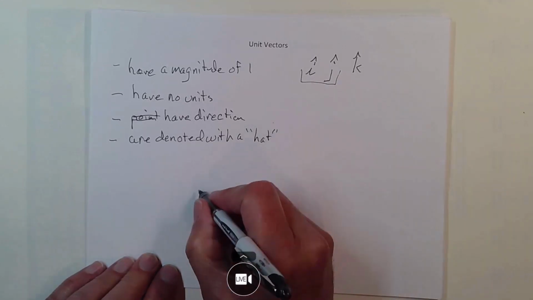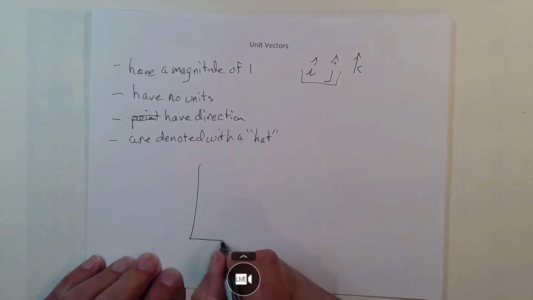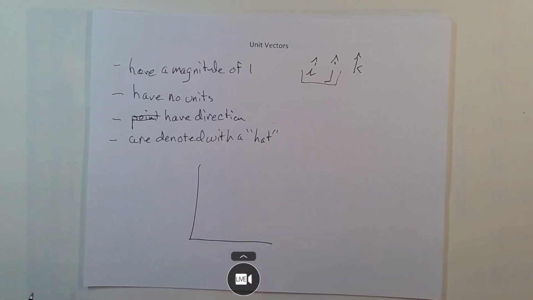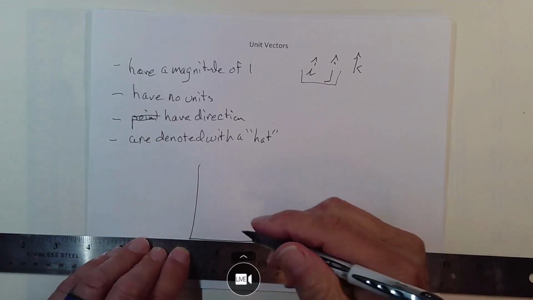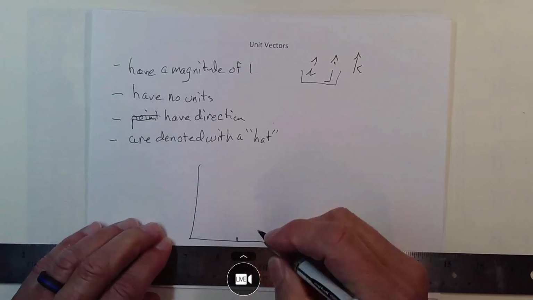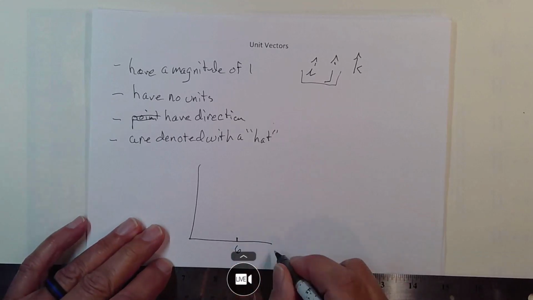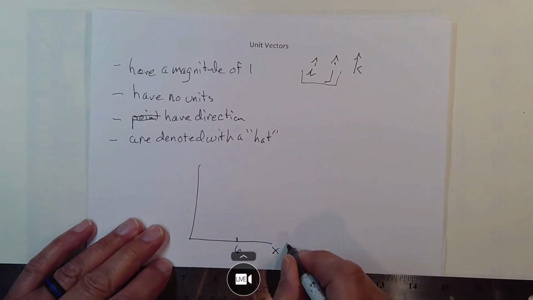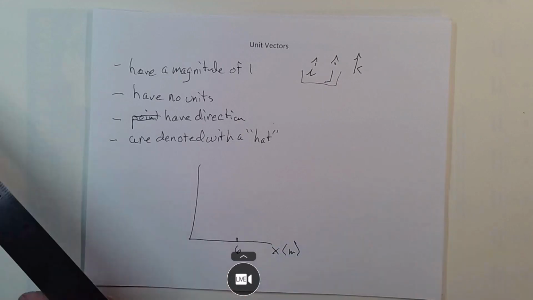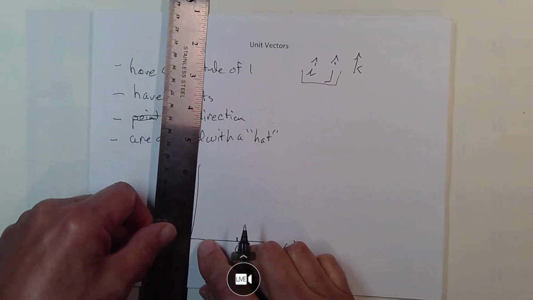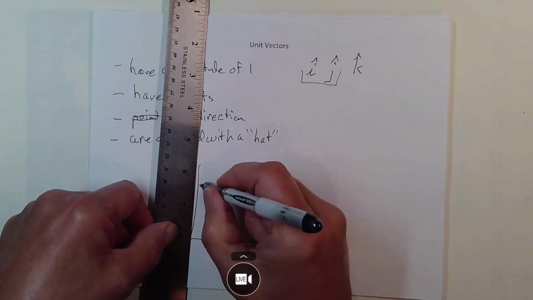What we can do with them is, let's suppose that we have a vector that points, I'm going to come out here to call this 6, and this will be the x direction, and maybe it's in meters. Okay, and then we'll go up. I'm using quarter inches as my unit of distance.